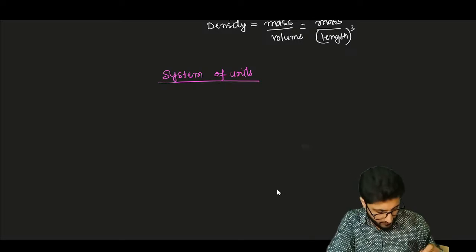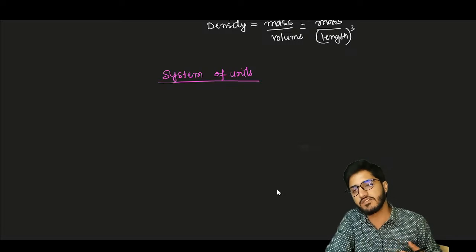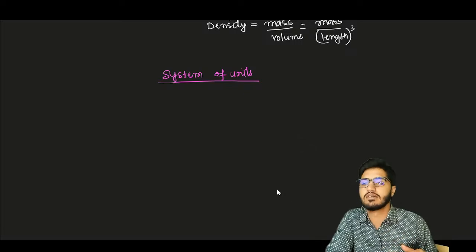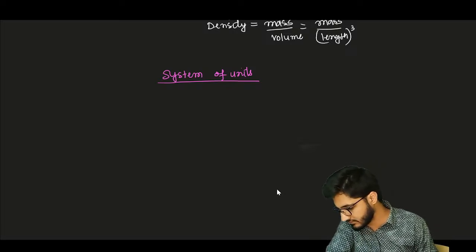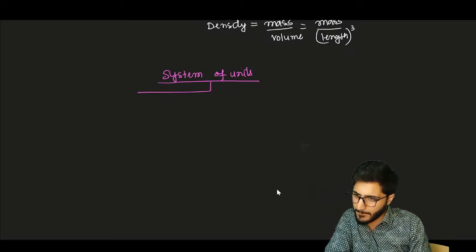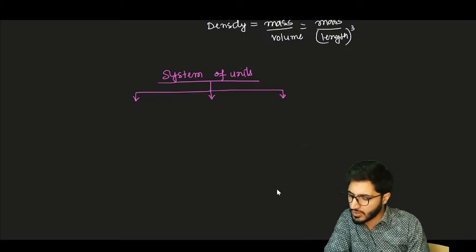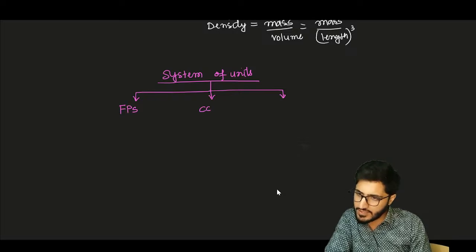Basically, we had three major types of units in which we were measuring the magnitude of these physical quantities. One was FPS, one CGS, one MKS.